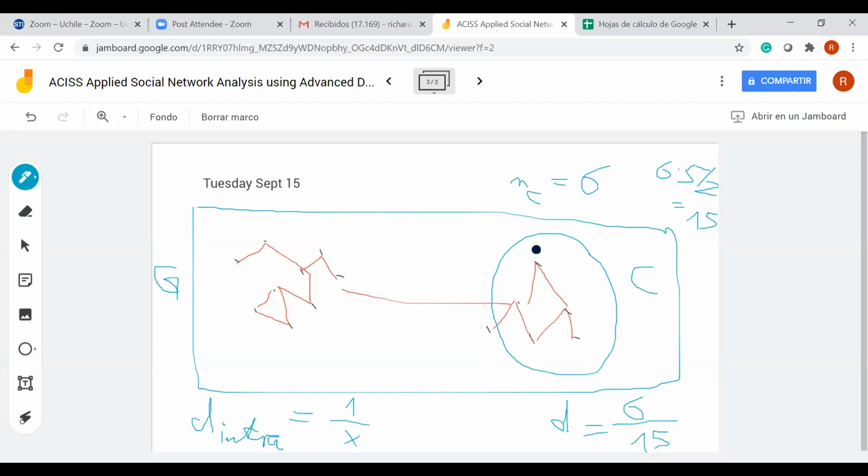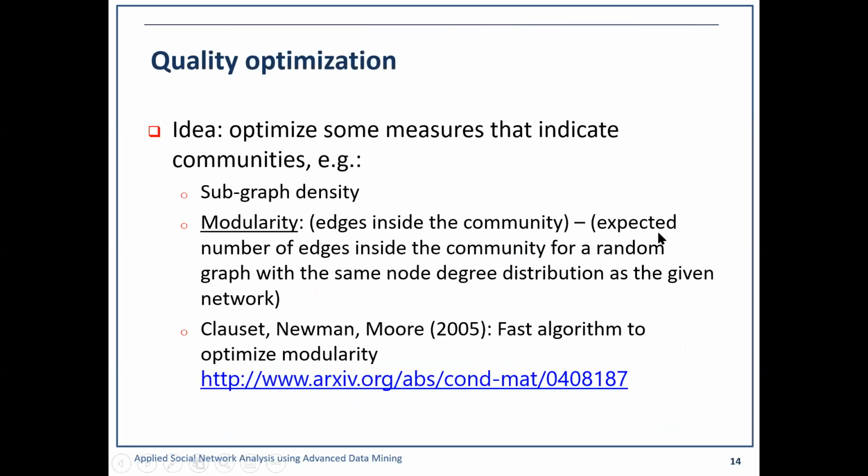Now we say, modularity is the number of edges we have here, 6, minus, and then there was a kind of strange definition, the expected number of edges inside that community for a random graph with the same node degree distribution as the given network. What does that mean? Let's have a look at the whiteboard.